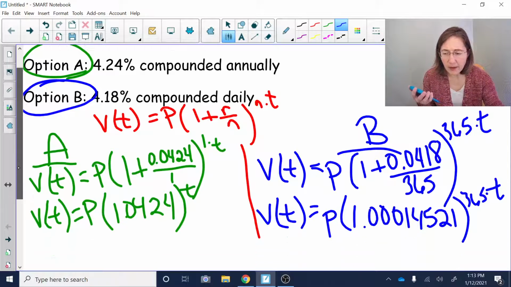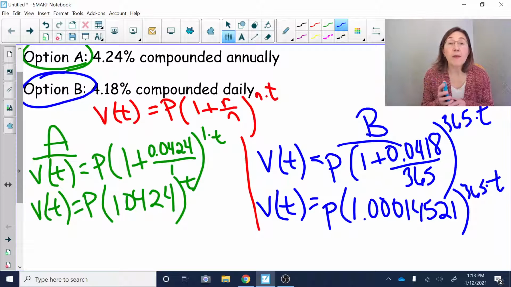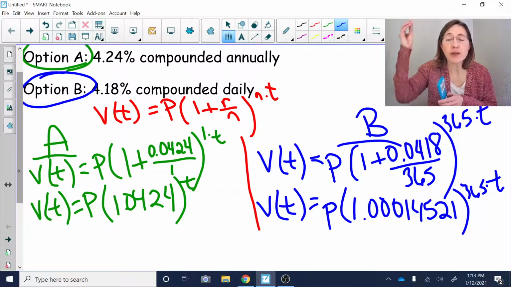Okay, so now I want to think about my exponent. I have 365 times t. I'm multiplying two things in my exponent. When do you multiply with exponents? What rule or law of exponents makes you do that? That's when you would have a power to a power.